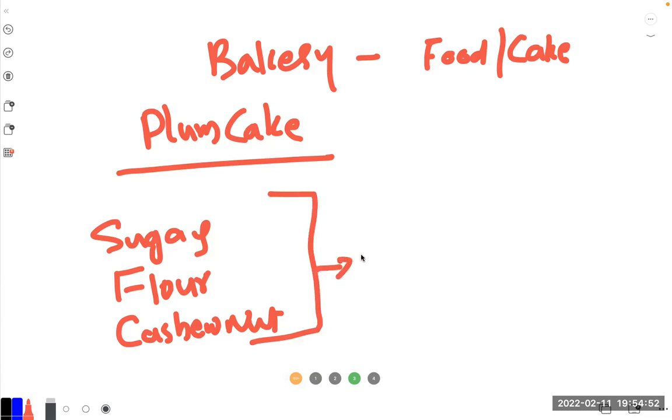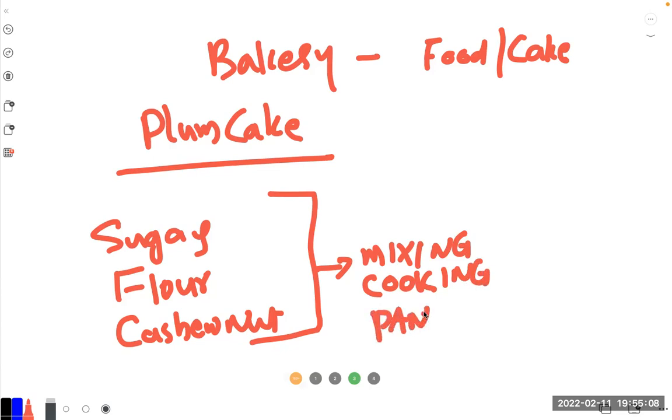We have to mix it. Then we have to boil it, or we will say cook it. Mixing and cooking. Then we need packing. Okay. These are the processes. We need to do these 3 processes. And then what do we get? We get plum cake. Right?